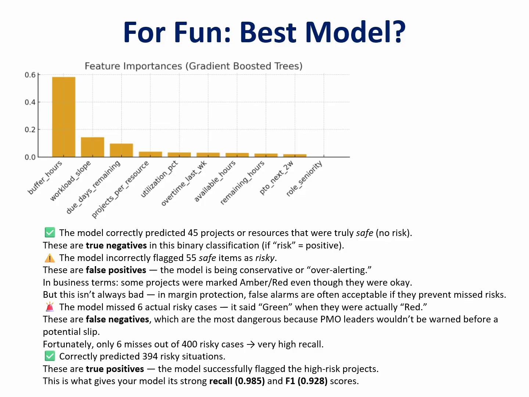So the key one, the false negatives: out of 400 risky cases, we only had approximately 6 misses. It said green when it was actually red. That's why the recall score was so high. That's pretty good. So overall, out of 394 risky situations correctly flagged, that's where those two scores came from, the recall and the F1. Both were very good.